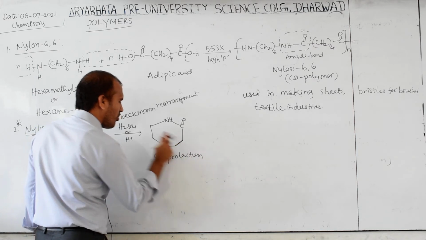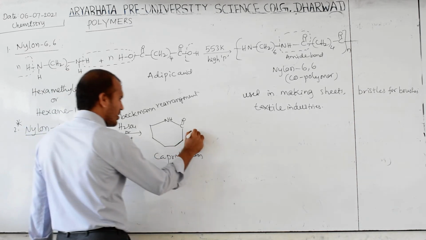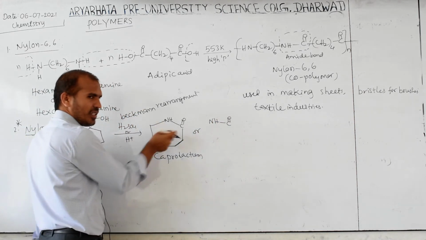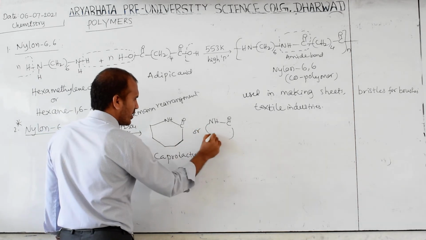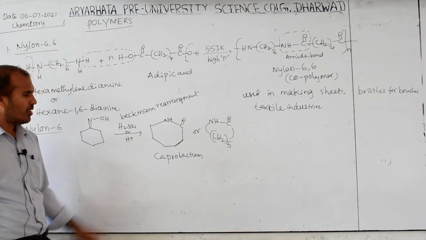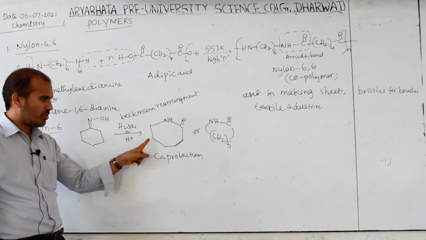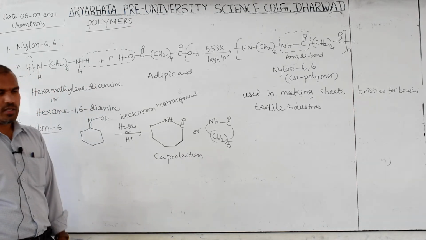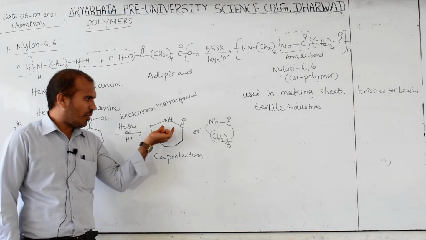Caprolactam. If you feel it is difficult, then you can write like this also: NH, C double bond O. Here CH2 taken how many? 5. See, this CH2 1, 2, 3, 4, 5. Caprolactam. This is an amide actually.